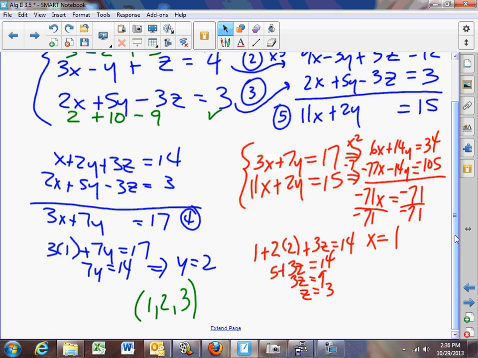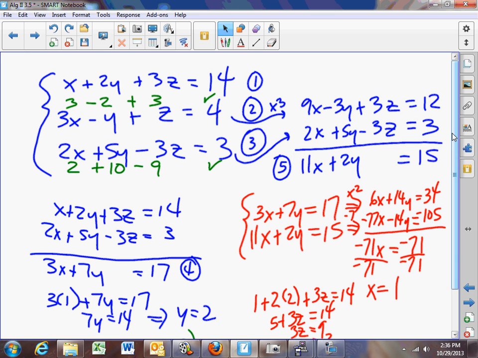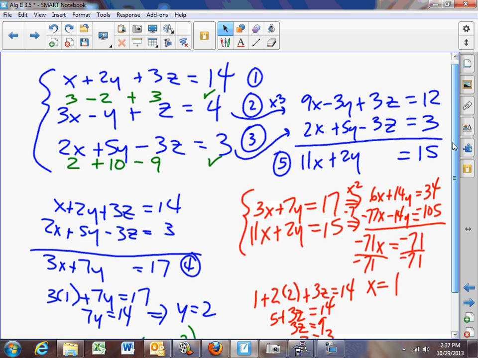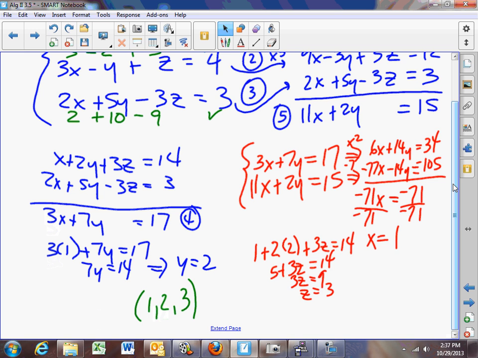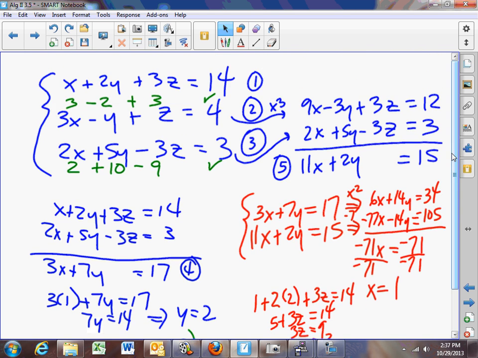Now, a couple of things. First of all, if you're doing an algebraic solution to a system of 3 equations and 3 variables, there will either be 1 point, like we got in this particular case, or there will be no solutions.